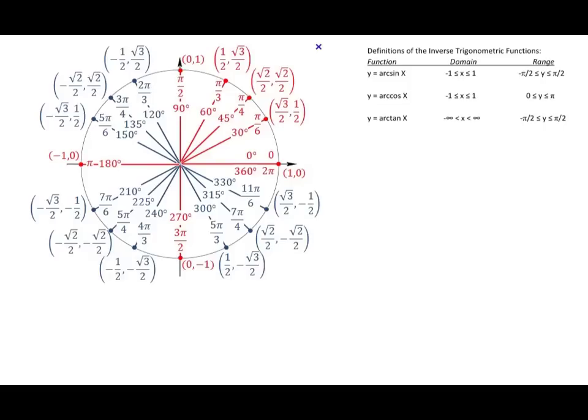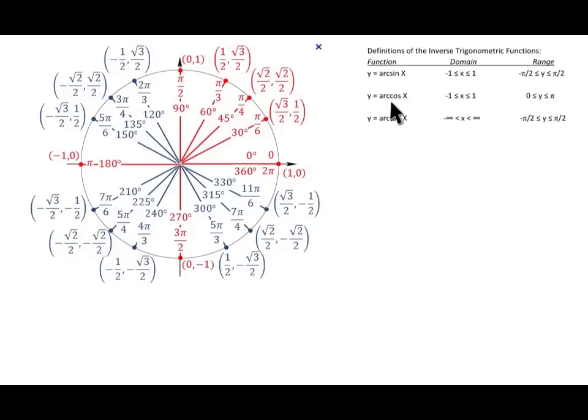Okay, on this slide you can see the unit circle with all the values on it, both radians and degrees. And then you can see also that I have listed the definitions of the inverse trig functions. Once again, saying the domain for arc sine is going to be from negative 1 to 1, and its range is going to be the first and the fourth quadrant.